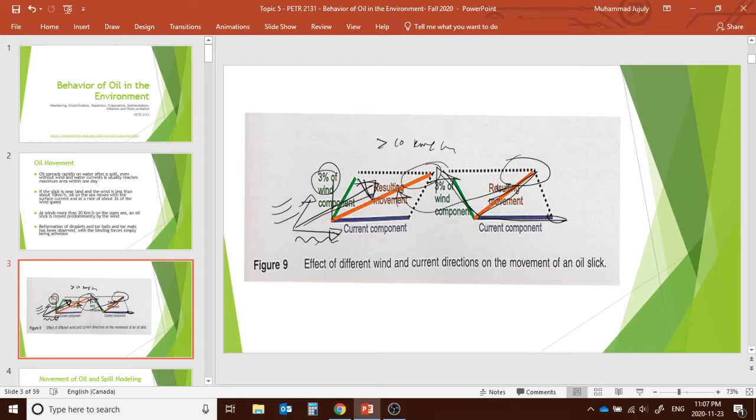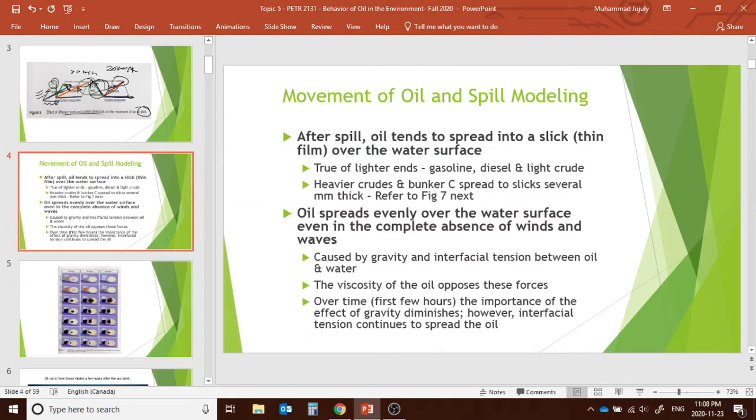But if the wind is for instance like 20 kilometer per hour, okay, then what gonna happen, then you will find the wind direction will actually have a very important significant effect on the movement of the oil slick. So oil slick means oil spillage. Okay, so this is very important to know actually when we actually model the spillage.